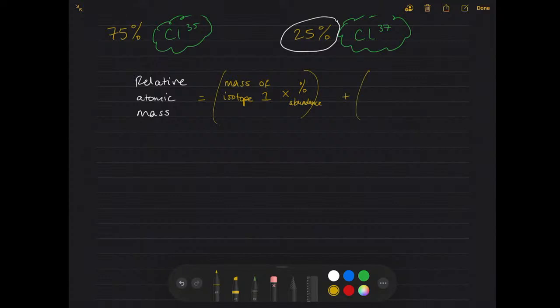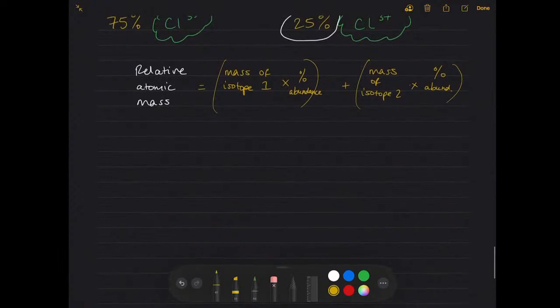You then add the same calculation for isotope 2. The mass of isotope 2 times by percentage abundance, and that will give you an average value.